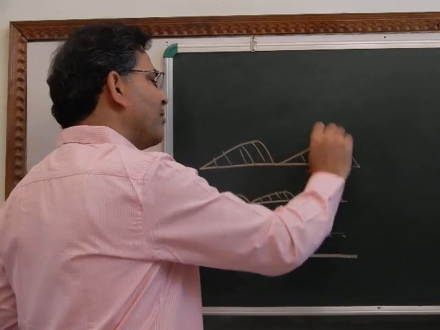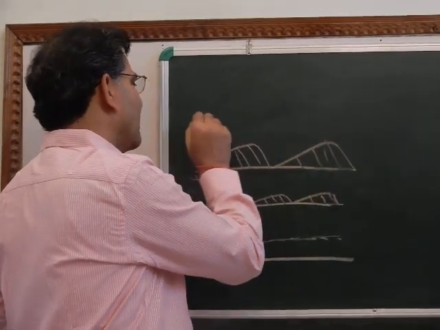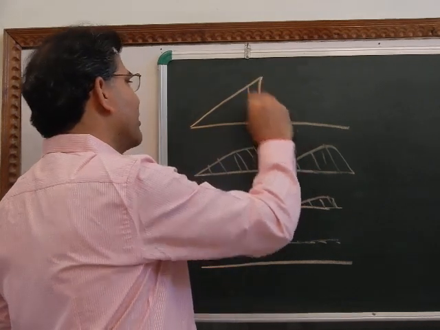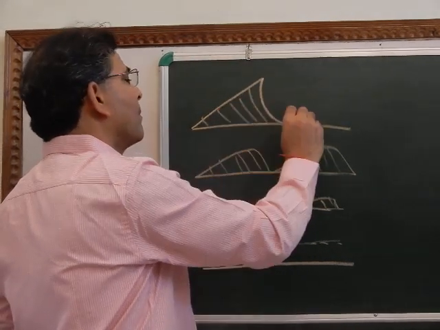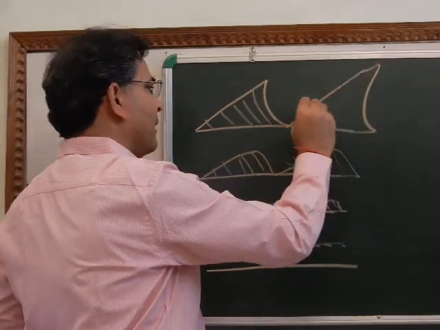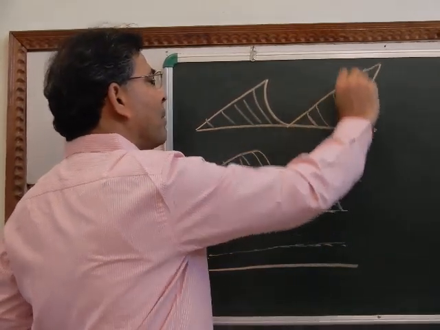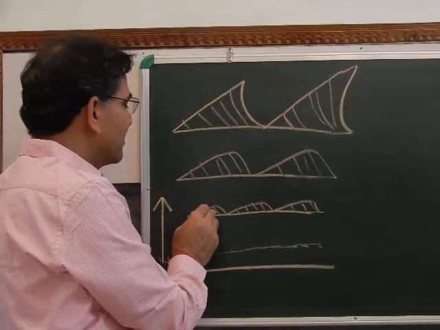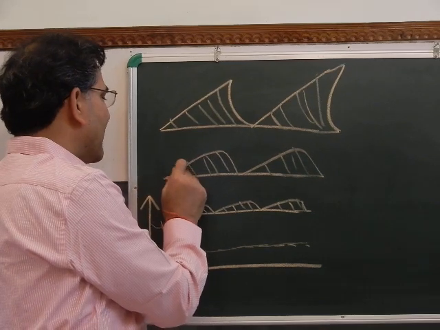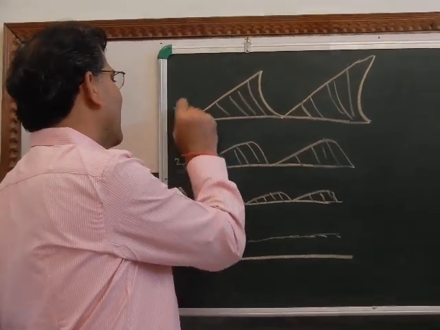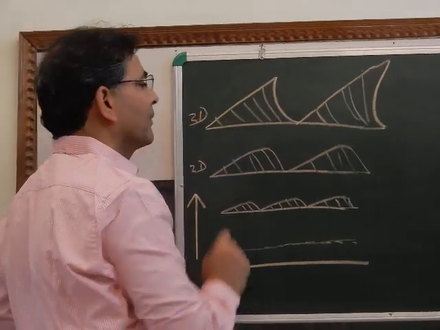With further increase in velocity, the ripple marks are formed which are three-dimensional in nature. So this is the small scale ripple marks. These are mega ripple marks or large scale ripple marks. These are two-dimensional and these are three-dimensional.